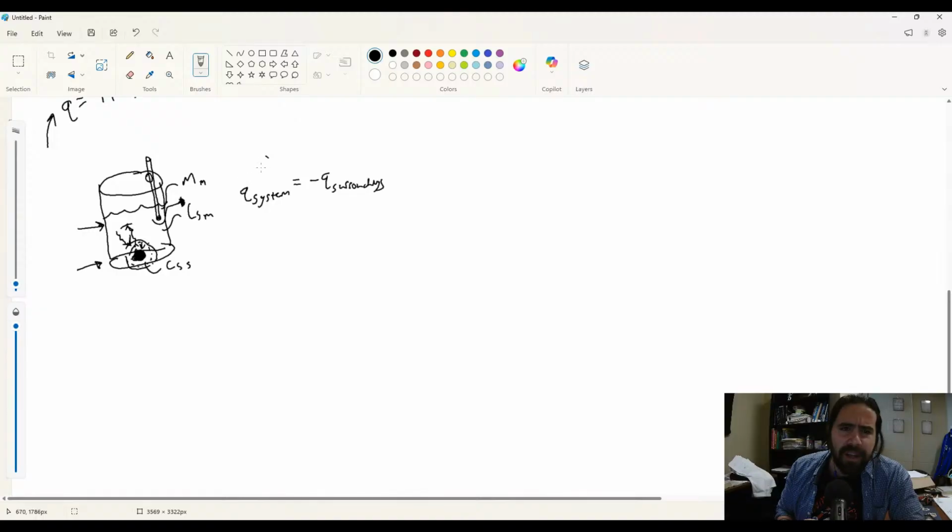So again, just to make it as obvious as I can, if the system is releasing heat, right? If the Q of the system is minus, then that means that the Q of the surroundings has to be positive. If the Q of the system is positive, that means that the Q of the surroundings has to be negative.